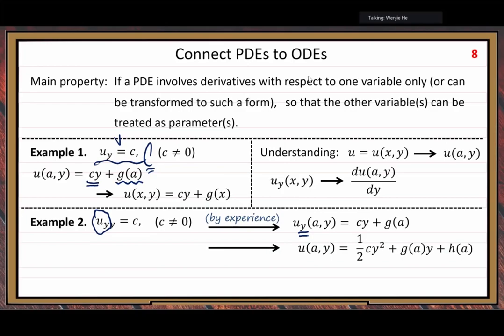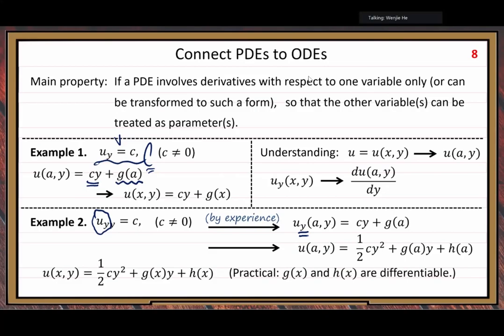We treat the first variable as a parameter. Now we need to go back to the x version, so this is the final solution. But g and h here could be arbitrary functions.